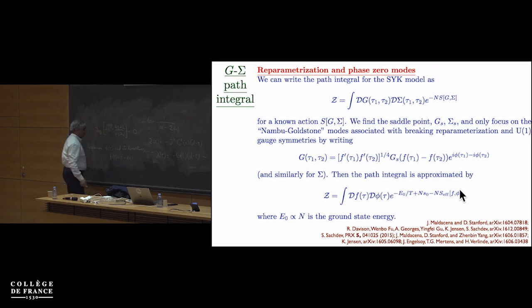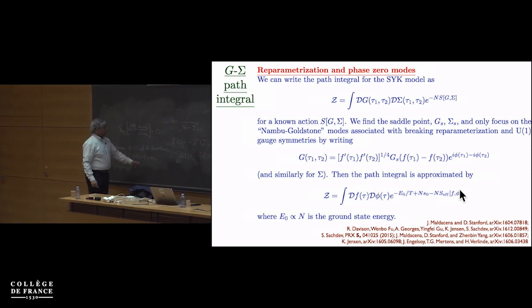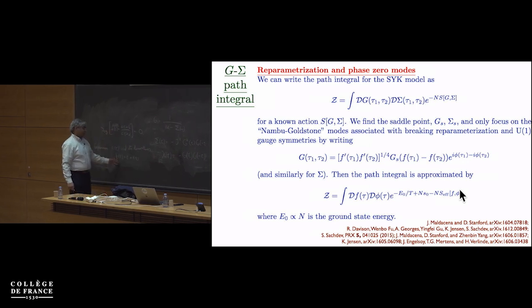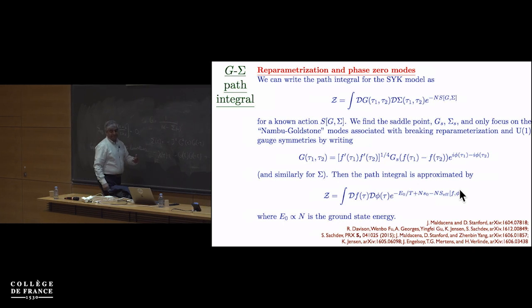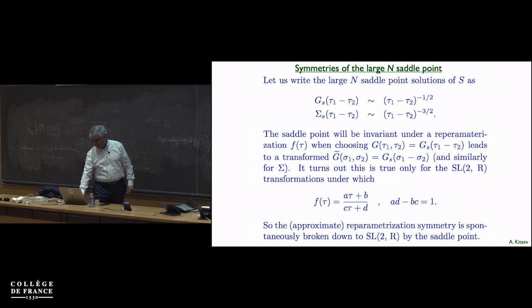So f of tau equals tau is doing nothing. But now you imagine that there's some correction to it. And so you want some functional of epsilon of tau, or f of tau equivalently, which has this property. All right, so the simplest function that does that is precisely the Schwarzian.